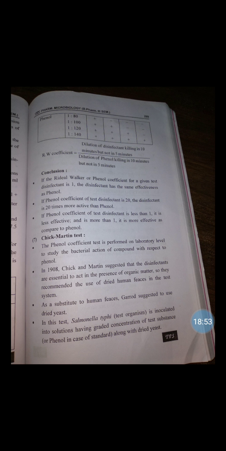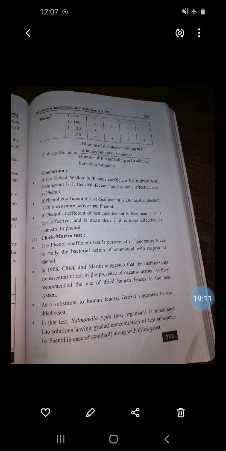In this test, Salmonella typhi, that is your test organism, is inoculated into solutions having graded concentrations of the test substance, or phenol in the case of the standard, along with dried yeast. Then the components are left for 30 minutes at 20 degrees Celsius to interact, and lastly duplicate subcultures are made into nutrient broth.